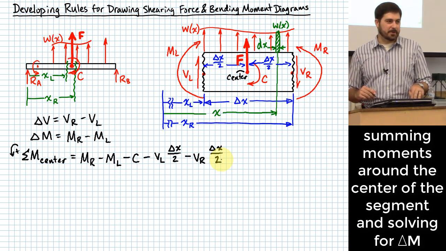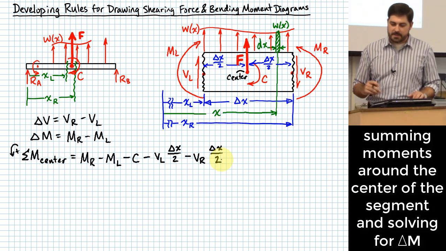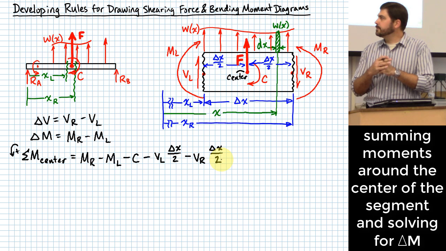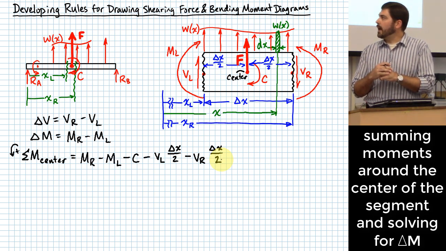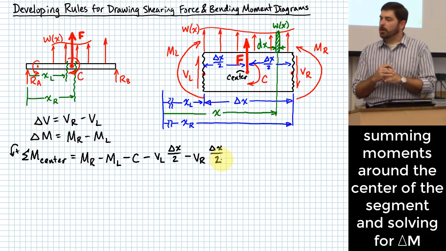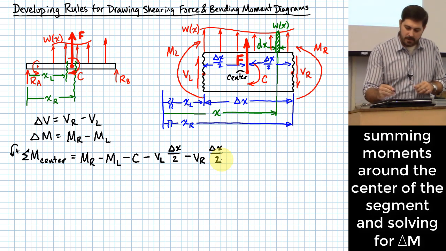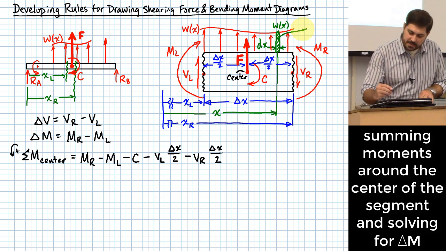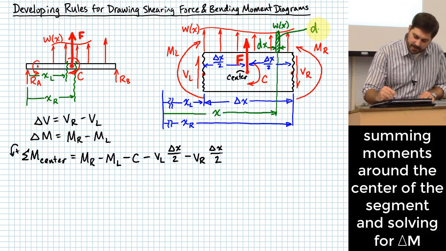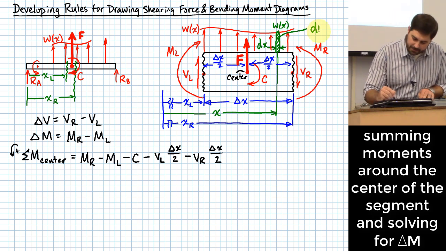My distributed load. I saved the most fun for the last, right? So think about this. My distributed load function there. How would I figure out what that would do for a moment around the center? What I basically came up with here, this little area of that little rectangle would be something like a dF.